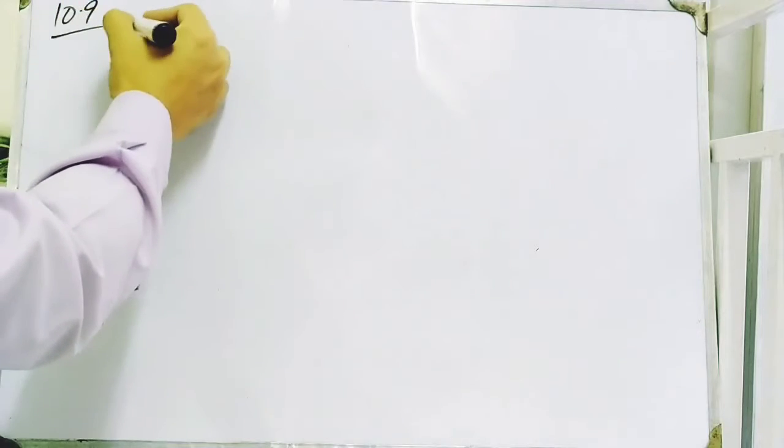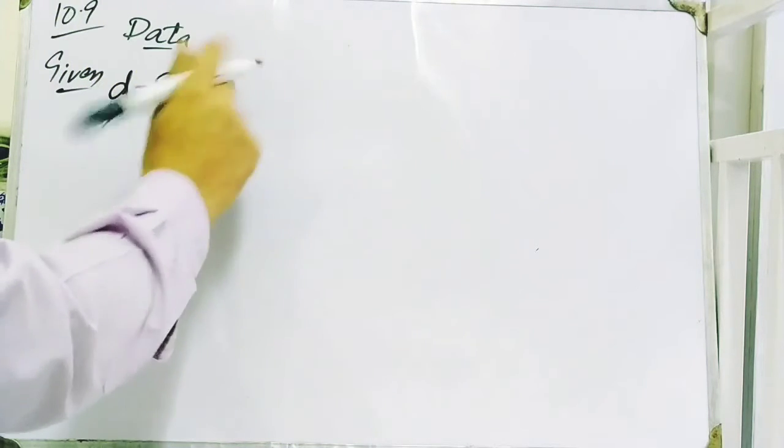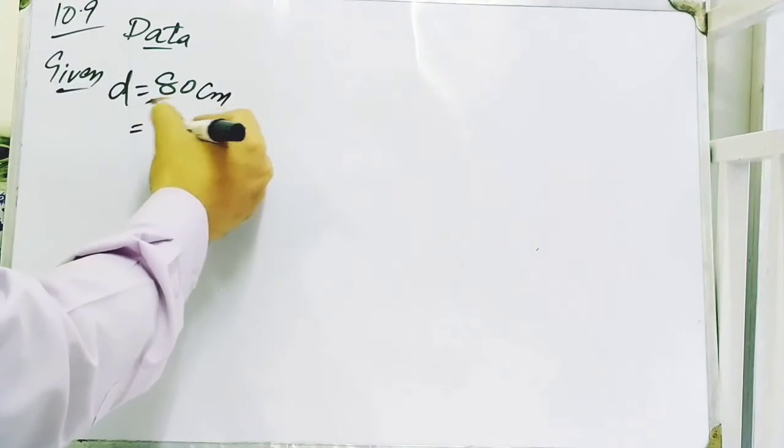So in this numerical, the given data can be written as: the length of the ripple tank is given as 80 centimeter, which is 0.8 meter.